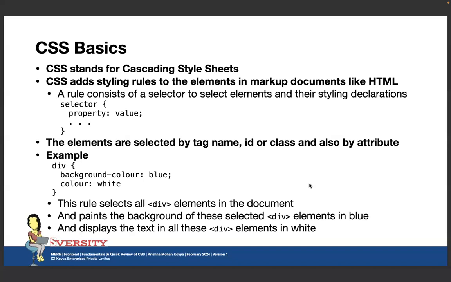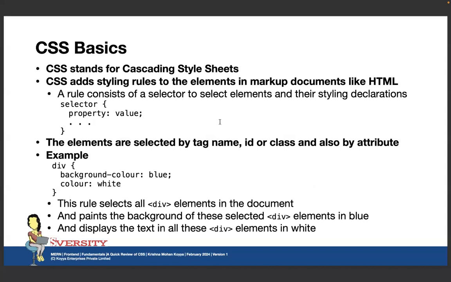What CSS does, fundamentally, is add styling rules to elements. Where are those elements? They can be in any markup document, including our HTML markup documents. What does a rule consist of?